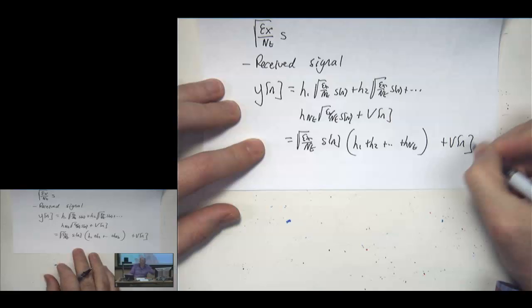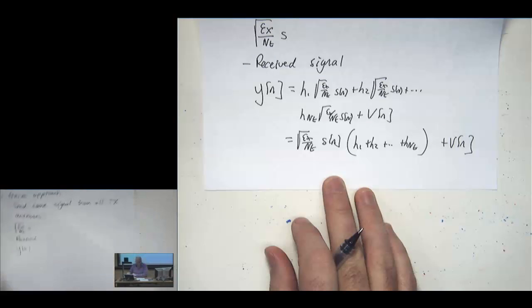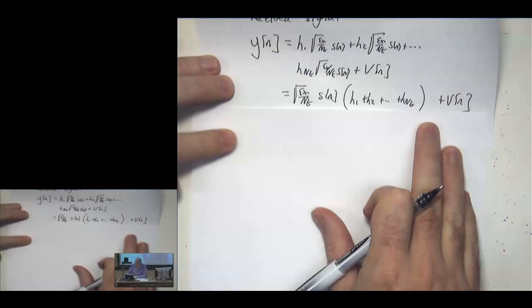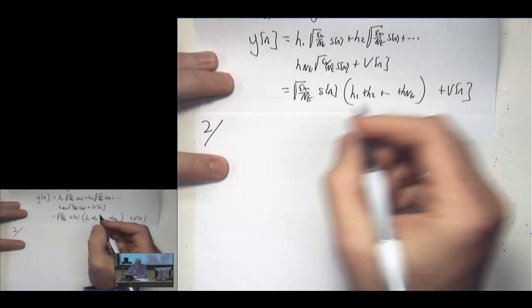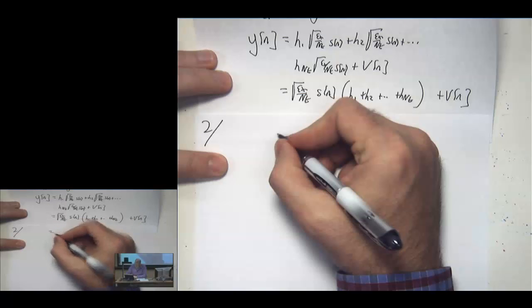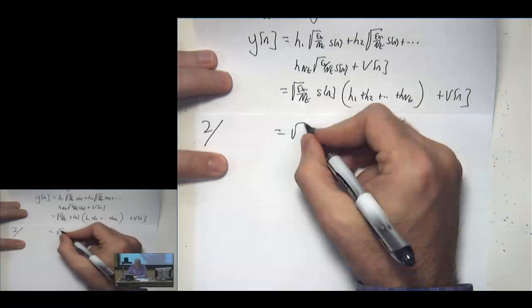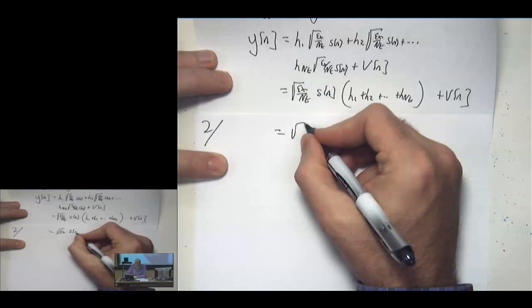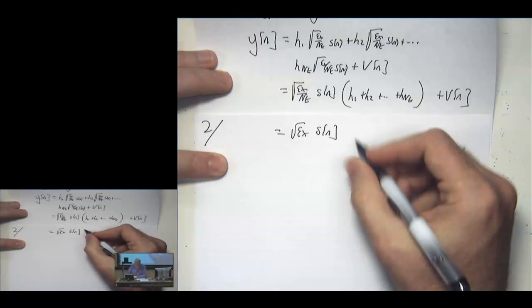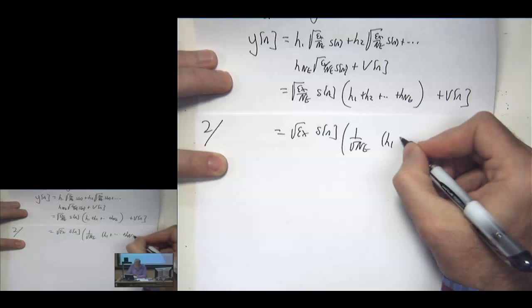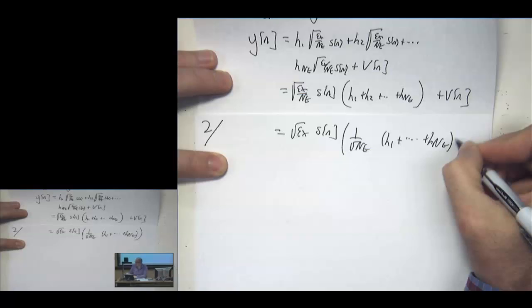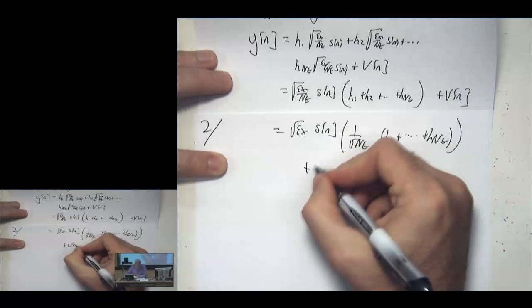For convenience, we can bring the factor of NT over there. Doesn't really matter, but I'm going to rewrite this as square root of Ex, s of n, times 1 over square root of NT times h1 plus ... h of NT, plus noise.